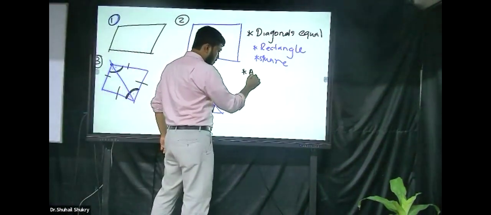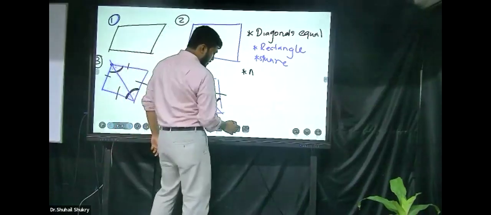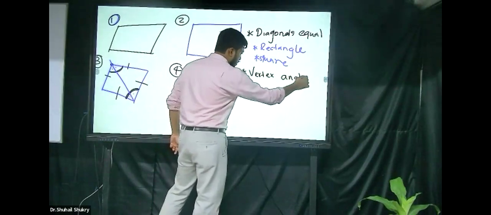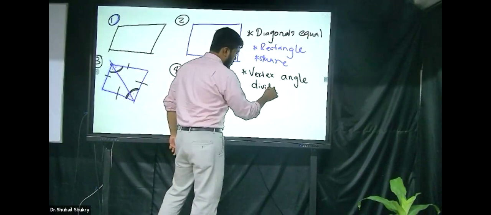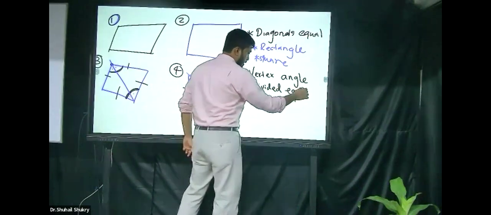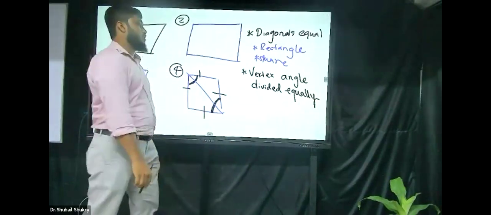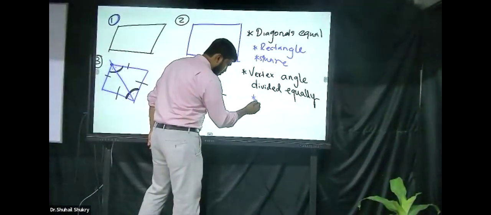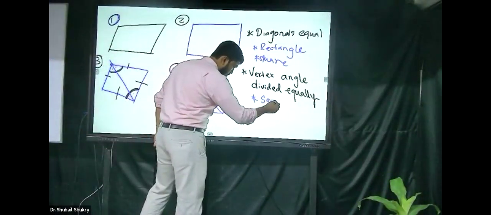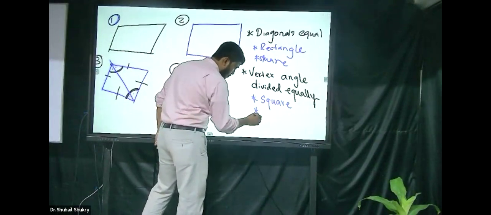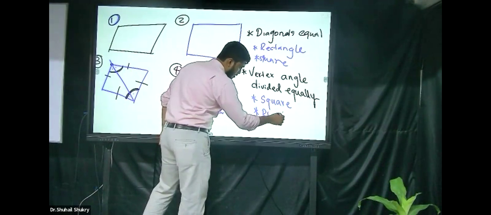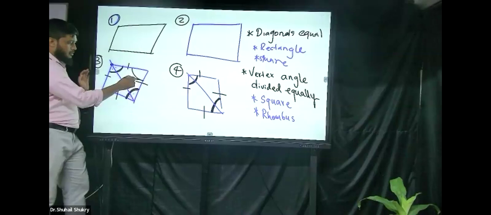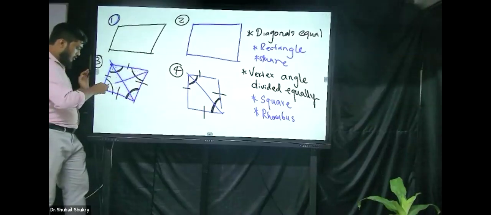Vertex angle divided equally: square and rhombus. What did I tell you? Good parents. When these shapes divide these angles equally, now these two angles will also be divided equally.